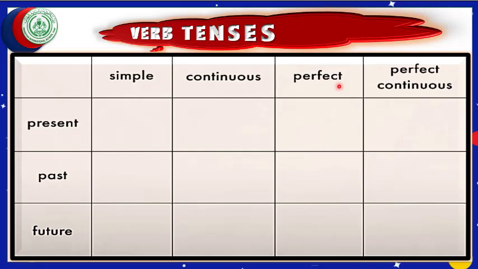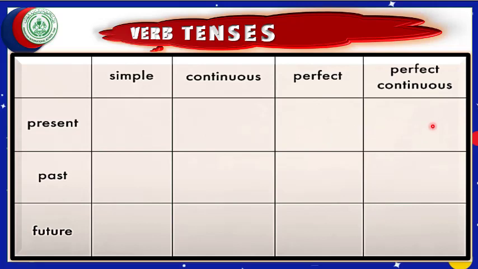For example, when present will join simple, it will become present simple. When present will join with continuous, it will become present continuous. When present will join perfect, it will become present perfect.